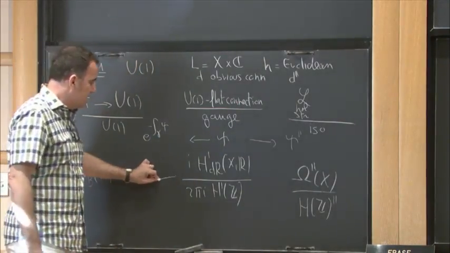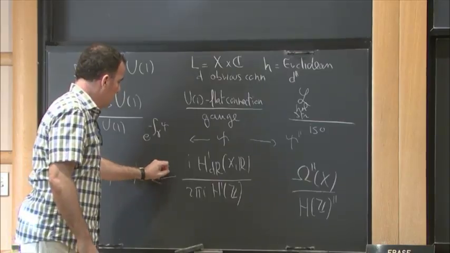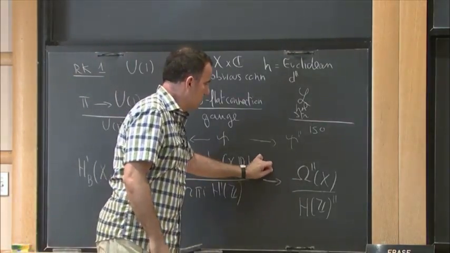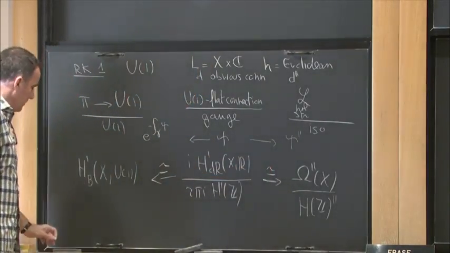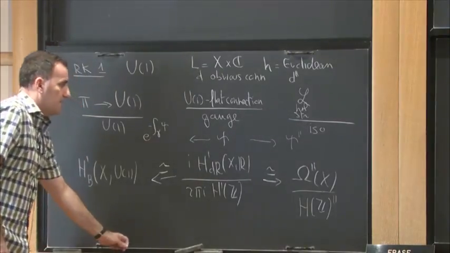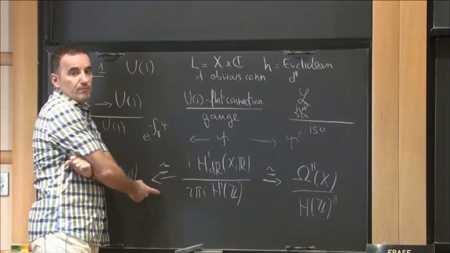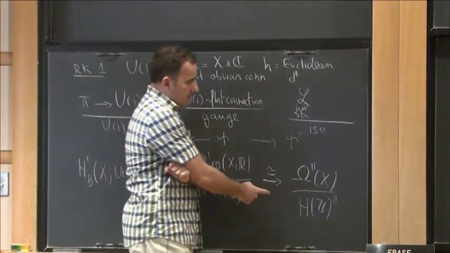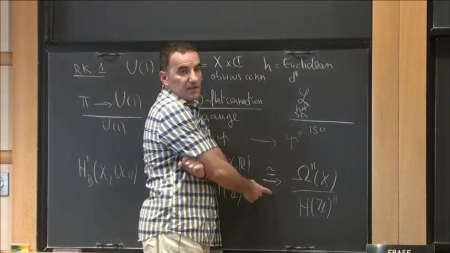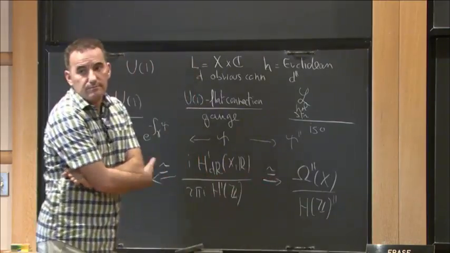And then the nice thing is that these are isomorphisms. In fact, you can view this as a de Rham theorem with denominators. And you can view this as the Hodge theorem with denominators, the denominator being the lattice.